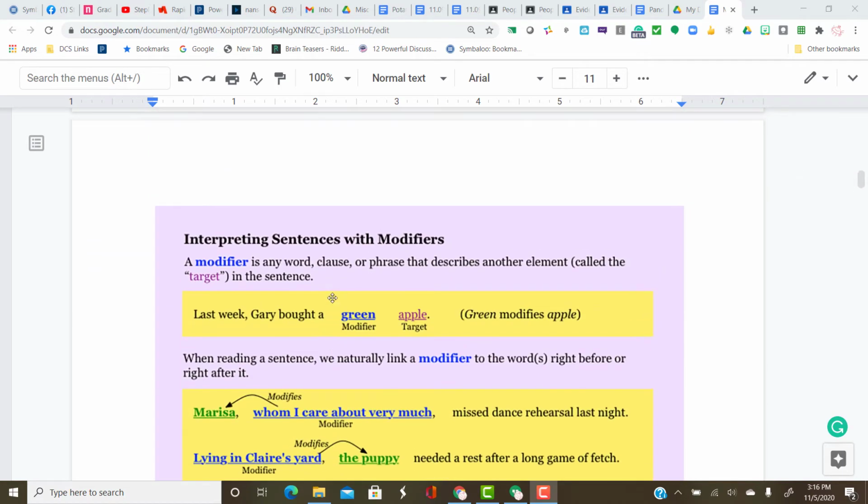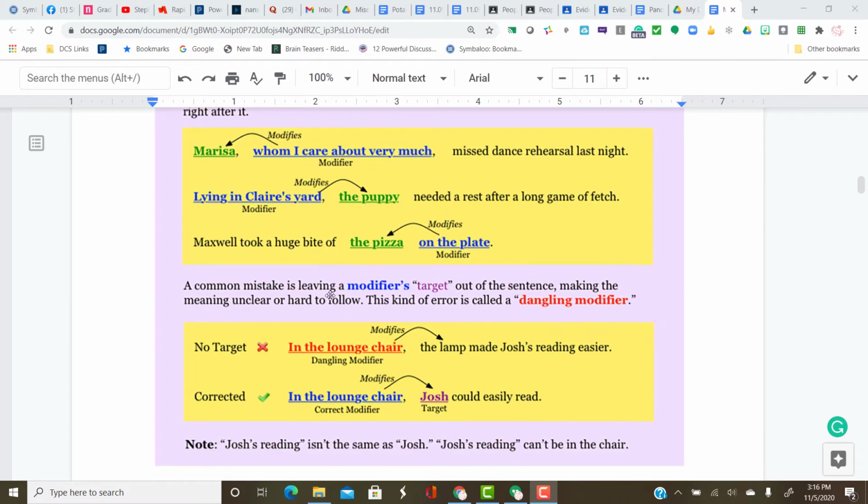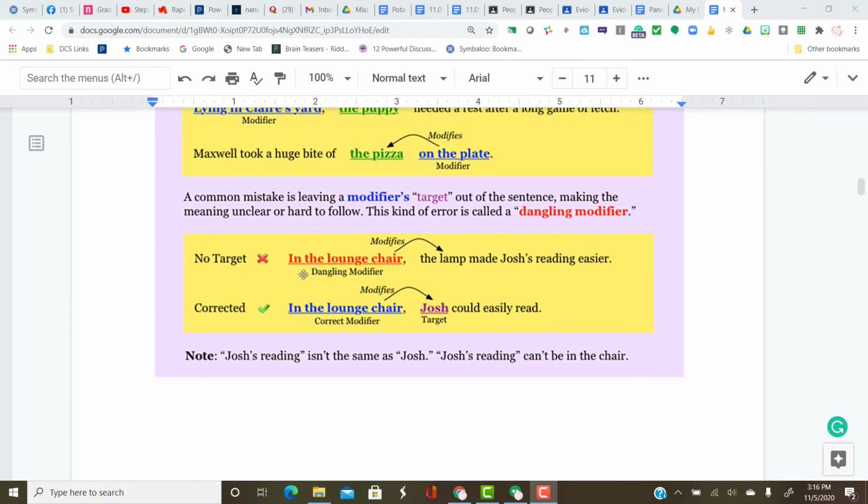Slide 5 introduces the concept of a dangling modifier, which is when a modifier's target is left out of the sentence completely. So, in this case, in the lounge chair, the lamp made Josh's reading easier. Well, what is in the lounge chair describing?